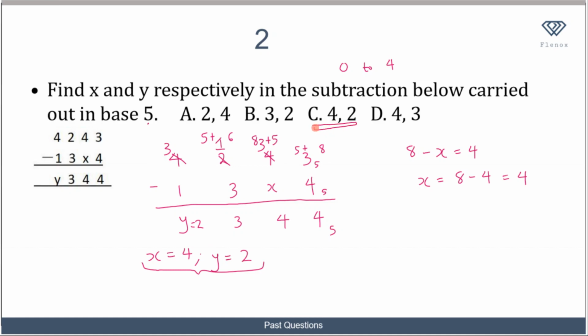There are some points I would like to make. First, you have to be really careful. The question tells us to find x and y respectively, so choosing A, 2, 4, will mean x is 2 and y is 4. This will be a very big mistake that can be costly. So you have to read the question well so you can figure out the order of the answer. Secondly, you can try to put your answer into the equation and see if it works out.